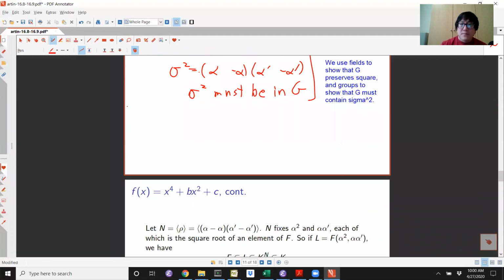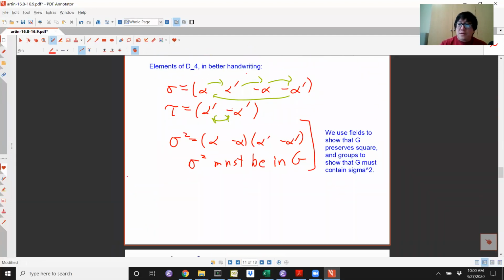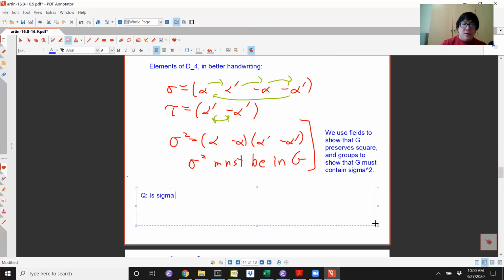Oh, questions in the chat. So Ravi asked, do we say that sigma is in G? Sometimes sigma will be in G. That's an excellent question: is sigma always in G? The answer is not always. Yes if G is equal to D4 or C4, but not if G equals D2.